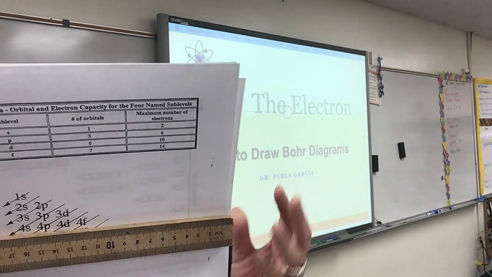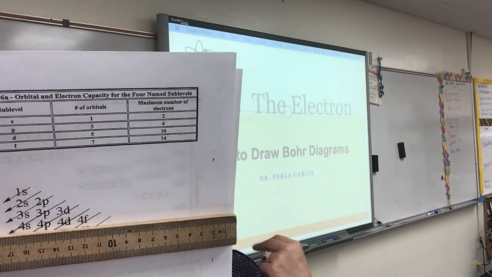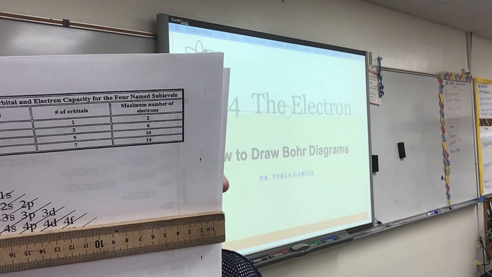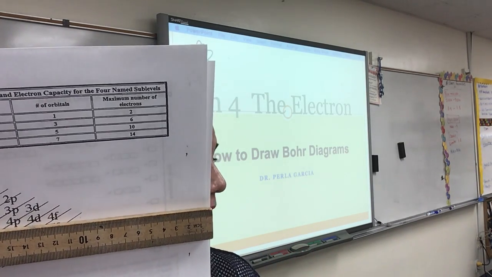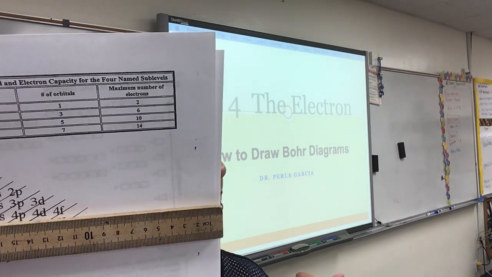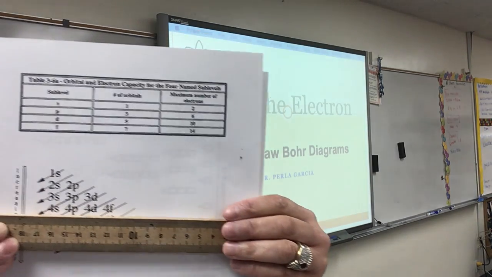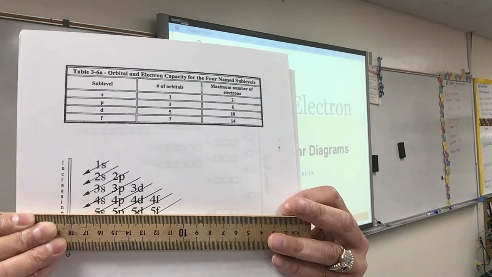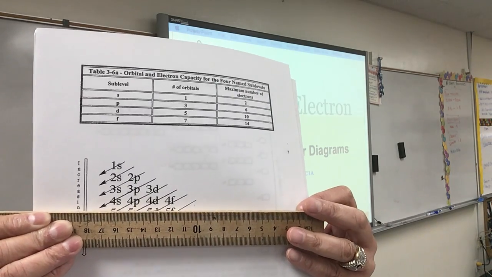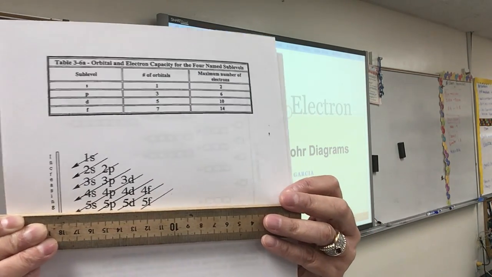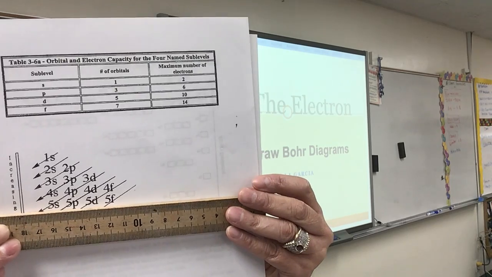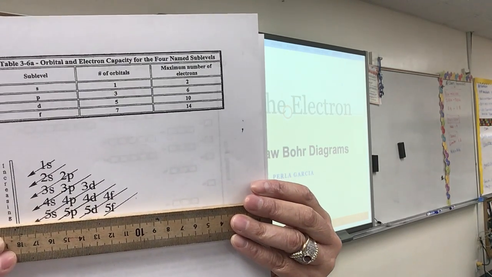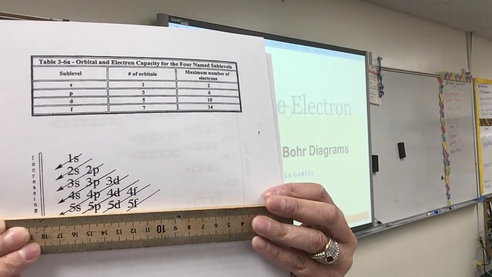If you count, S is 2, P is 6, so that's 8, D is 10, so 18, and F is how many? 14. That's 32. Very good. The fourth energy level, we said it. The fifth energy level? 32 again. The fifth energy level is 32.